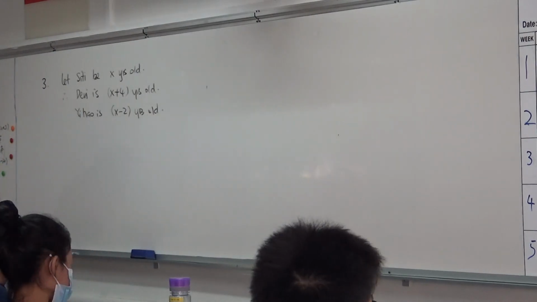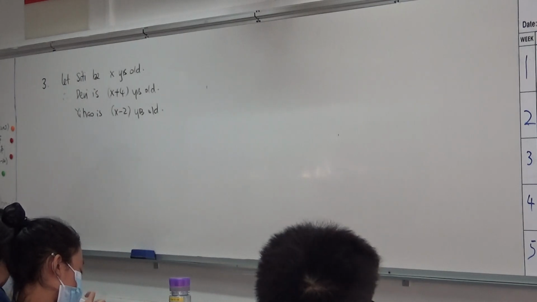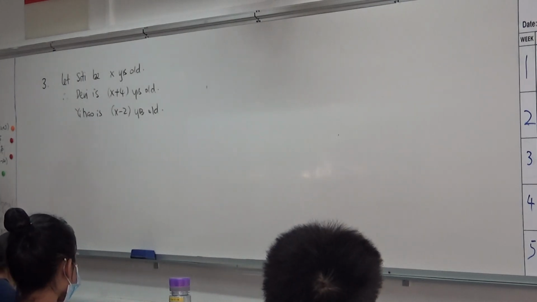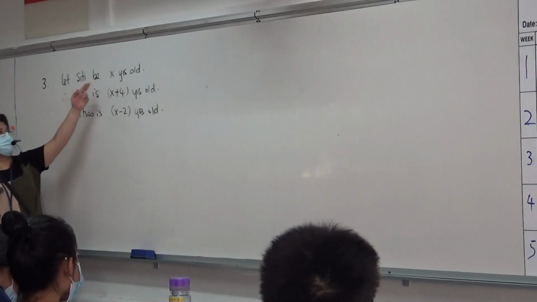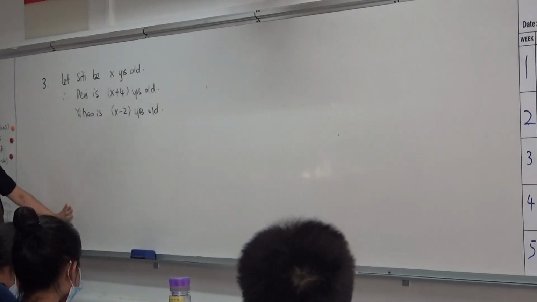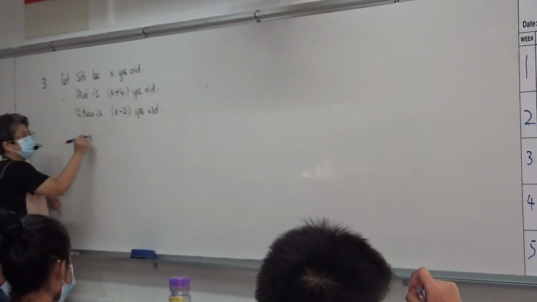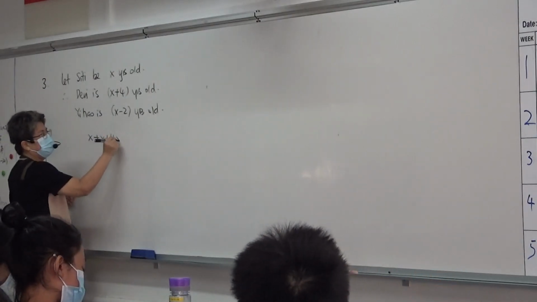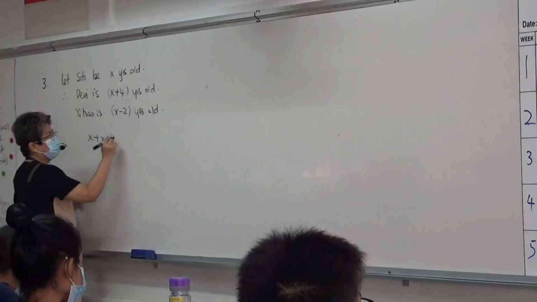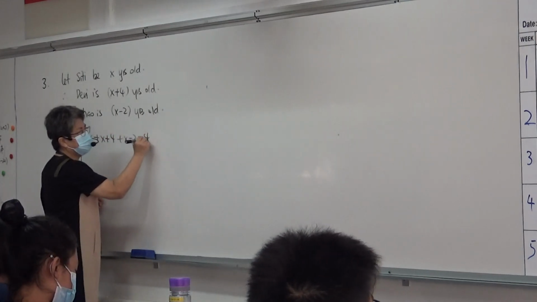Now, the question says, the sum of their ages is 47. Find their respective ages. So, what am I supposed to do to these 3 expressions? Sum means plus. Good. So, x plus 4 plus x plus x minus 2 must be 47.